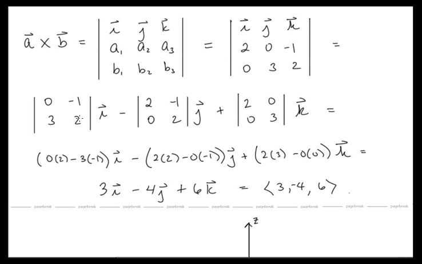And so again, computing these 2 by 2 determinants like we saw earlier, we have 0 times 2 minus 3 times negative 1, 2 times 2 minus 0 times negative 1, 2 times 3 minus 0 times 0. And so this gives us 3i minus 4j plus 6k. And we could leave it like that or put it into component notation.